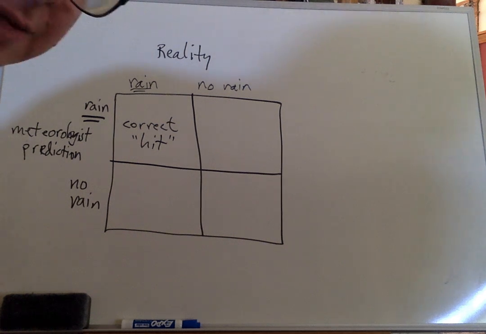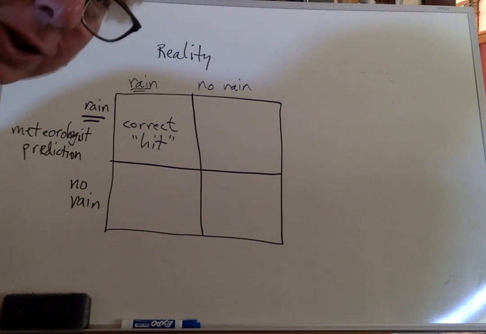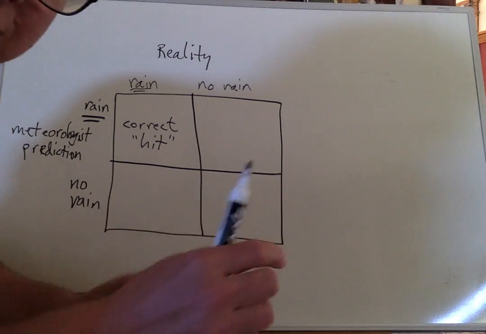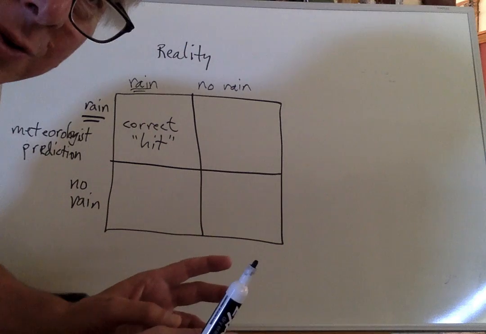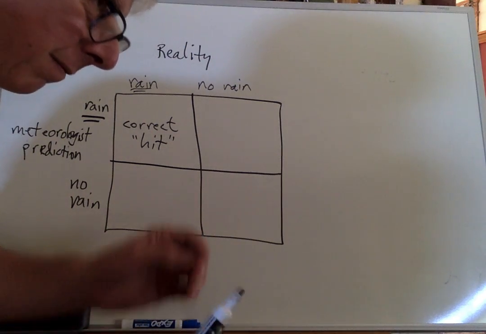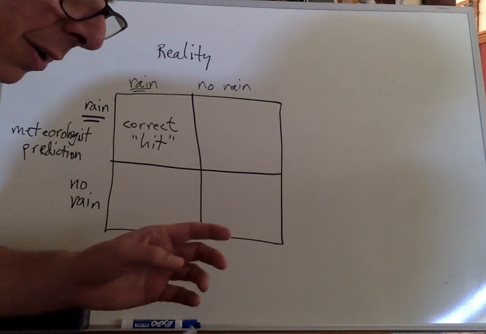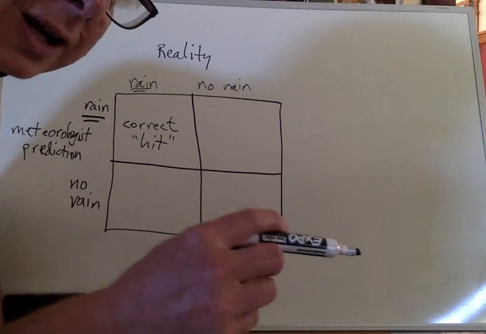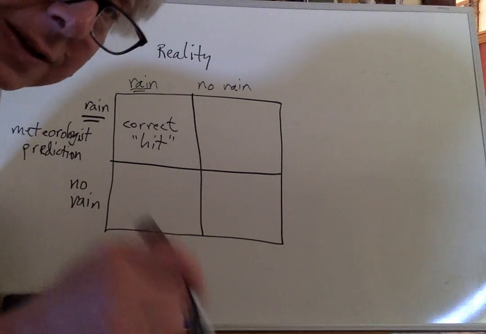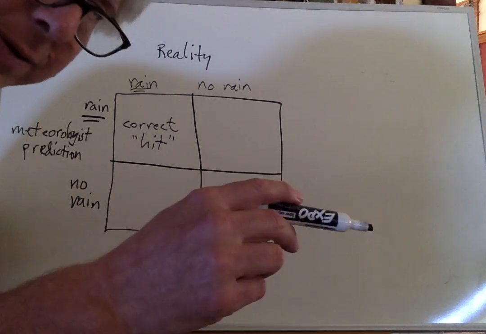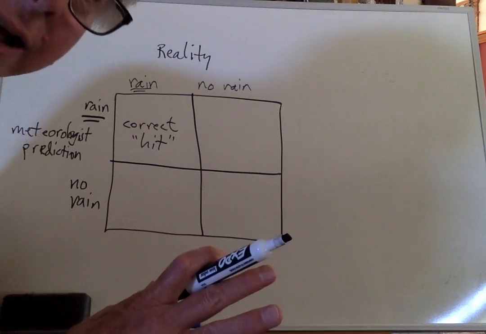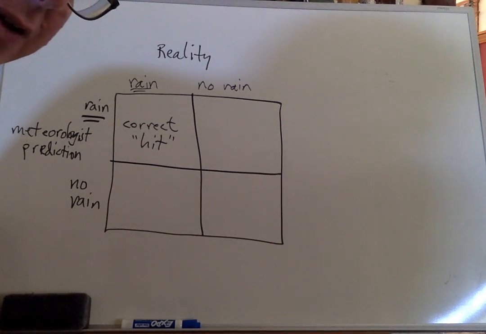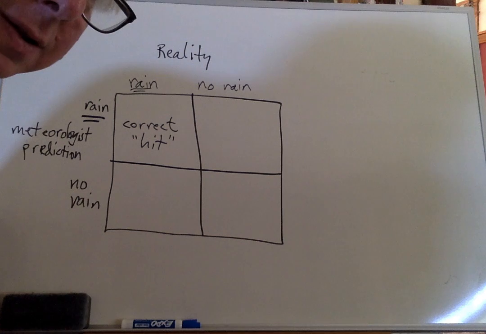I'm assuming that some of you have played Battleship before. Have you ever played Battleship? Right, you put your ships and then the person guesses, I'm going to guess B2 or D3 or E12. And then you tell the person whether their guess matches reality. And if that guess matches reality, then you have a hit. They're correct. And if the person's guess doesn't match reality, well, then it's a miss, okay?